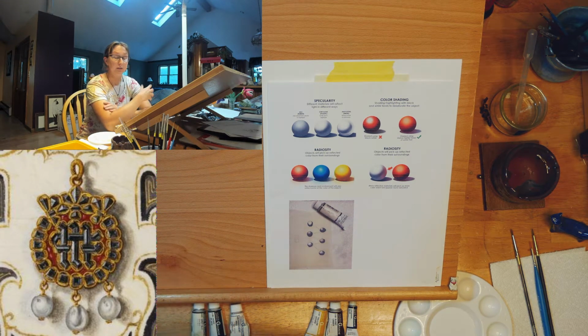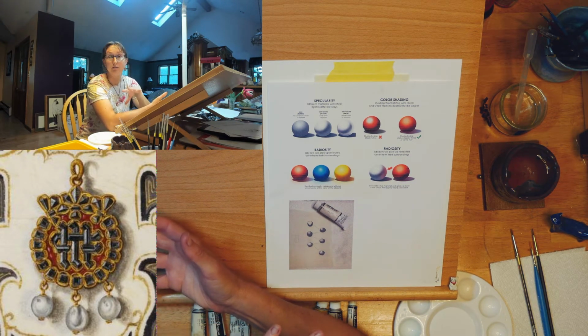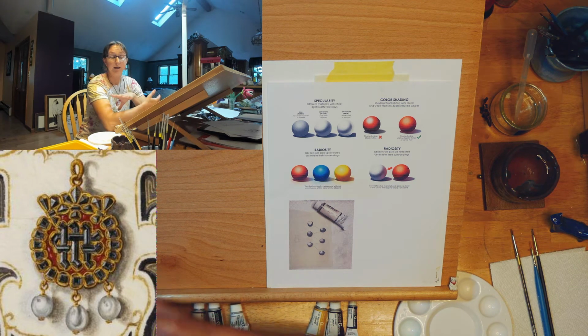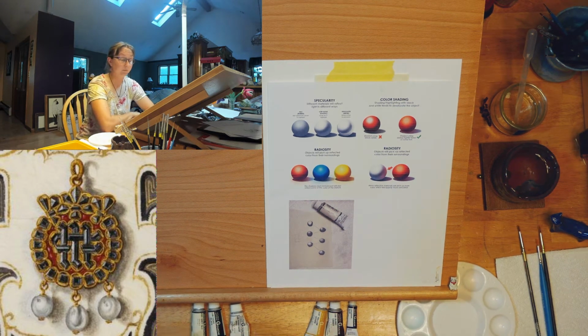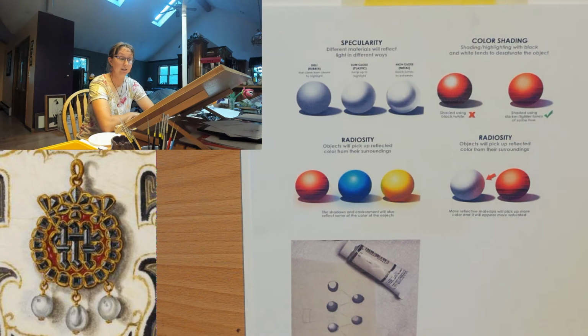First is specularity, which is how different materials react to light. We've got dull, low gloss, and high gloss. The example on here is rubber. They did not have rubber in period, so we'll say wood. Unfinished, unpainted wood has a very low reflectivity, so your shading and highlighting is going to be a lot more subtle.